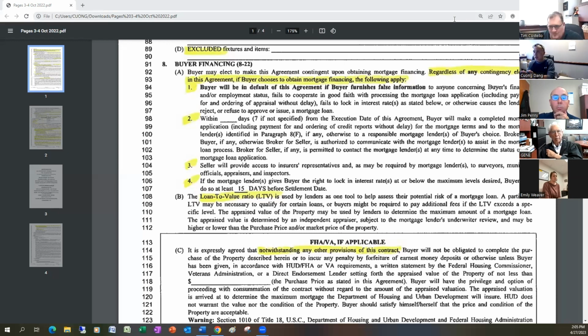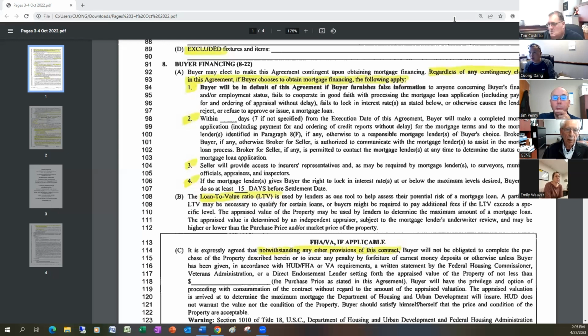So 1 is buyer will be in default of this agreement if buyer furnishes false information to anyone concerning buyer's financial and or employment status, fails to cooperate in good faith with processing the mortgage loan application, including payment for and ordering of appraisal without delay, fails to lock in interest rate as stated below, or otherwise causes the lender to reject or refuse to approve or issue a mortgage loan.